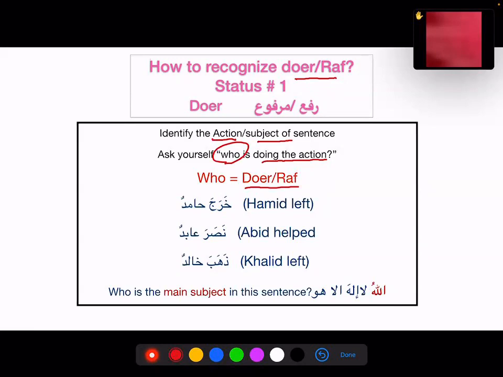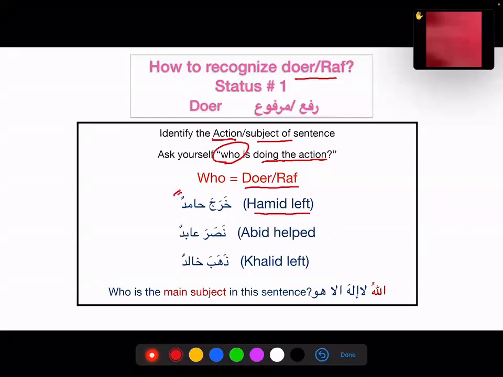For example, if I say kharaja Hamidun, the translation is "Hamid left." Now I need to ask, who left? Hamid. So that means Hamid is the doer. So Hamid should be what status? Rafa status. And what sound? That's why I cannot say Hamidan.